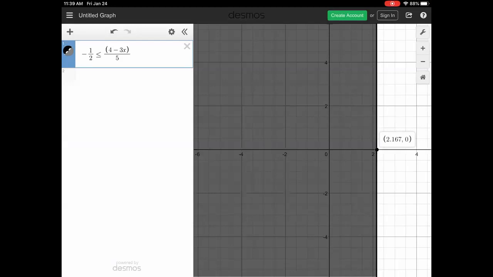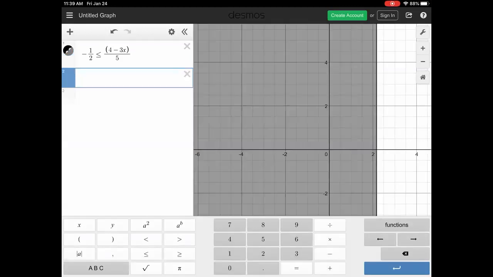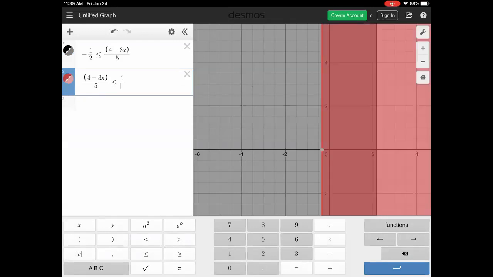Then you can add another one by hitting enter down here. If we do the same thing, 4 minus 3x divided by 5 is less than or equal to 1 over 4.